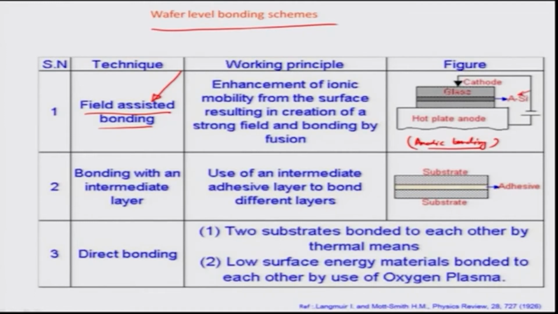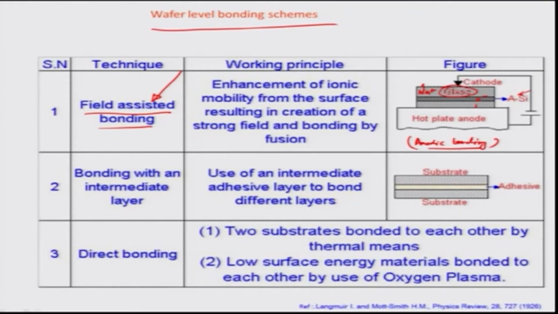Then there is a glass material, typically soda lime glass, which is made the cathode. The soda lime glass would contain a lot of Na plus, and the silicon, by virtue of its native oxide, will have a lot of O minus. So if silicon is made the anode and the glass the cathode, there would be a migration of the sodium and the oxygen vacancies or O minus moieties to opposite electrodes.